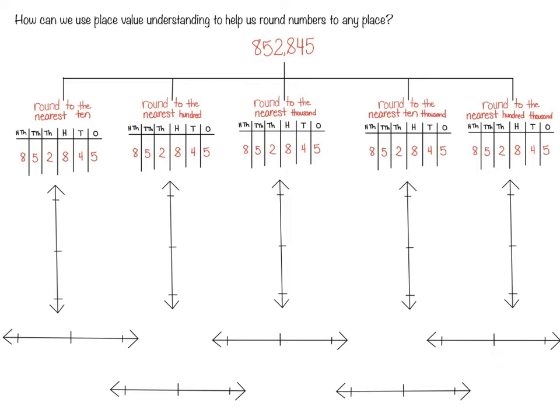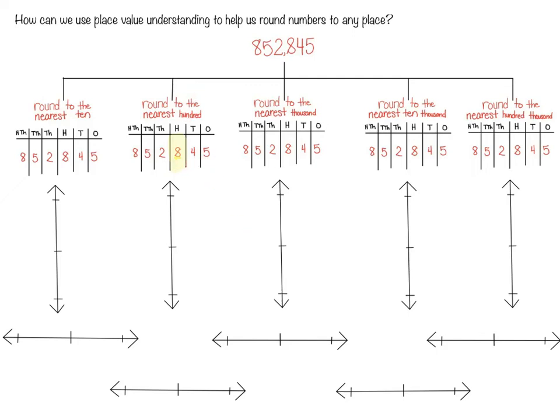Let's start with rounding to the nearest hundred, since we just did that. Because we're rounding to the nearest hundred, we're going to focus on the hundreds column. What hundred is closest to 845? So right now we're just ignoring everything larger than that. So if we have 845, we know that 800 will be close to 845.